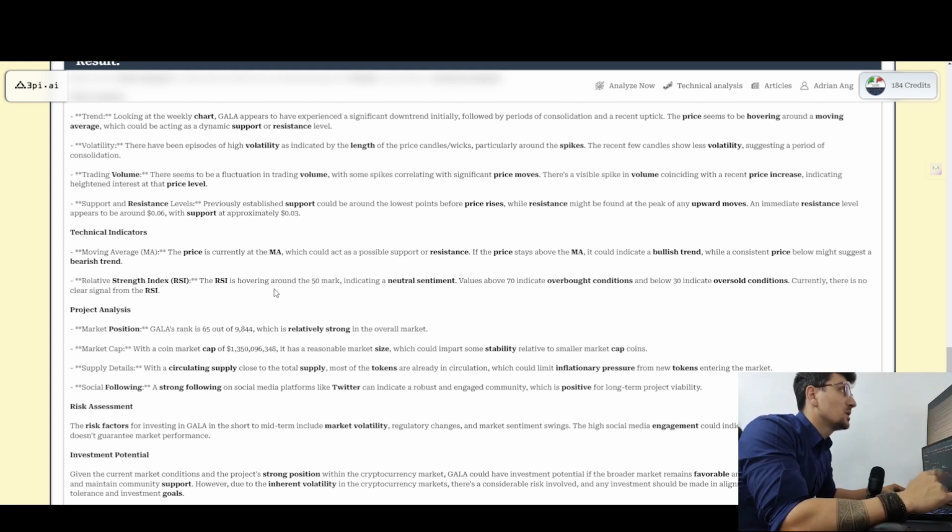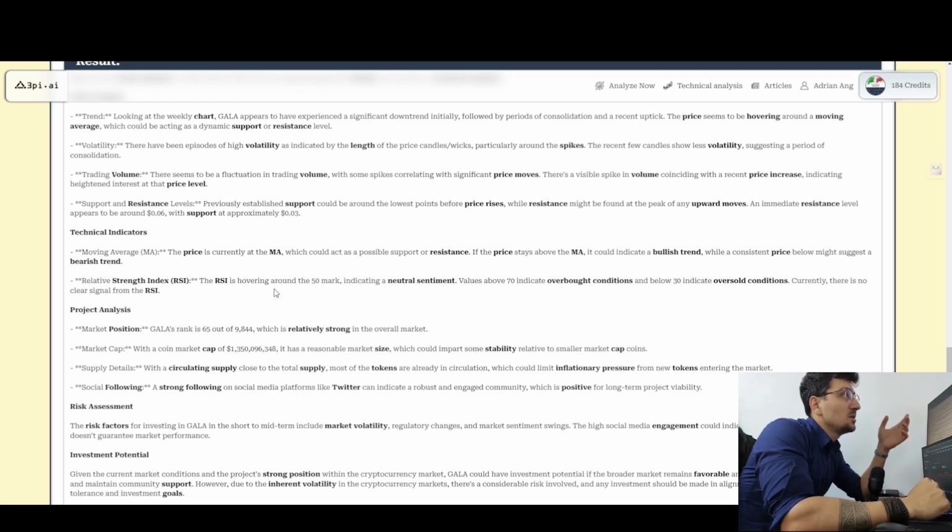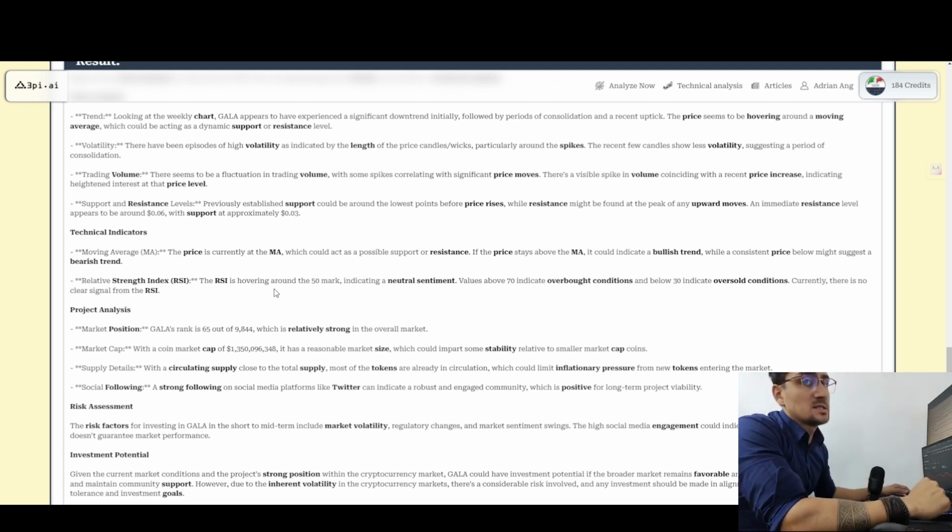The recent few candles show less volatility, suggesting a period of consolidation. Trading volume. There seems to be a fluctuation in the trading volume, with some spikes correlating with significant price moves.